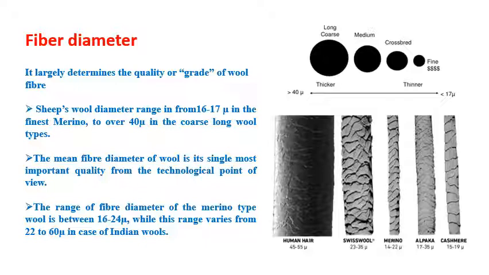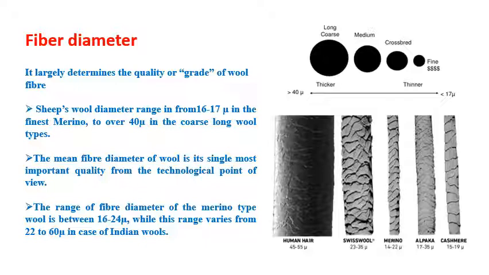The mean fiber diameter of wool is its single most important quality from the technological point of view. As I mentioned, wool will be used in textiles, for which the diameter is one of the major quality aspects. The range of fiber diameter of the merino type will be between 16 to 24 micron, while this range varies from 22 to 60 micron in the case of Indian wools.